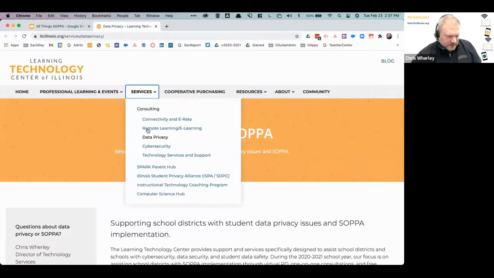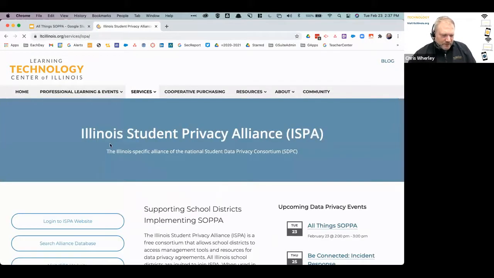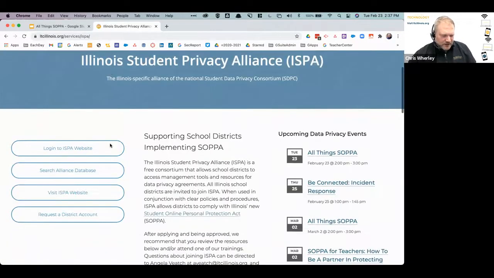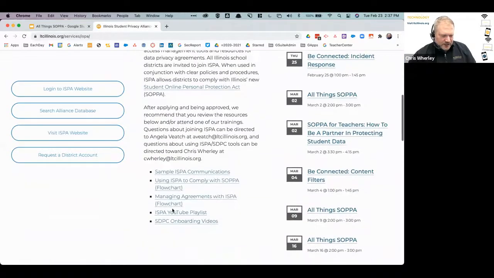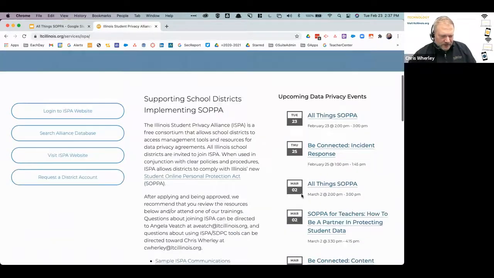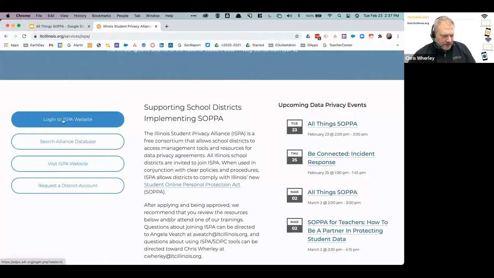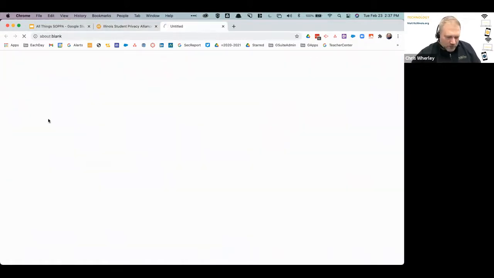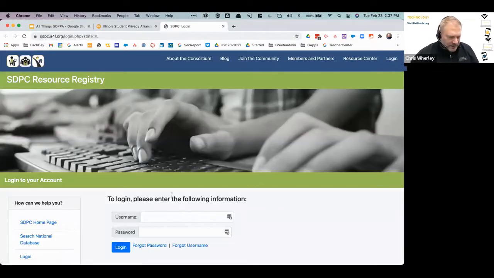So what I'd suggest to people is that you always start at the Illinois Student Privacy Alliance webpage to go to your login. That way you can see this other information that's being shared here, the other dates for things coming up. So obviously you're free to bookmark anything you want, but that's just a way for you to keep updated and see any new things happening.